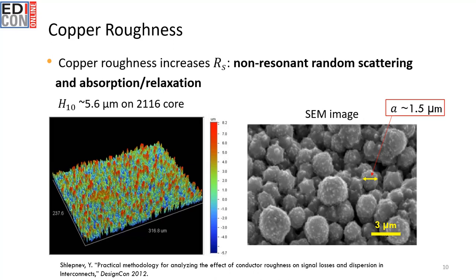And Schlepnev is one of the pioneers, along with Bert Simonovich, on this. I would encourage anyone to read their paper, or this paper referenced at the bottom of the screen, in order to learn more about copper roughness and how it affects transmission lines.